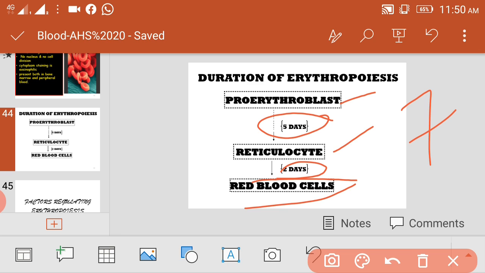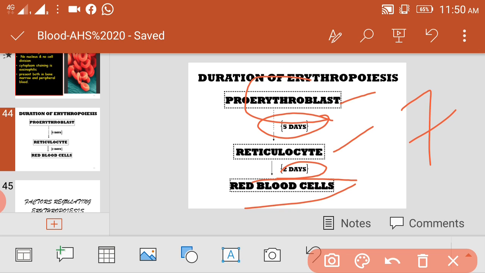Understood? The red blood cells are formed in the red bone marrow. From the red bone marrow, one of the stem cells becomes a pluripotent stem cell, then a committed stem cell. This committed stem cell we call the proerythroblast.